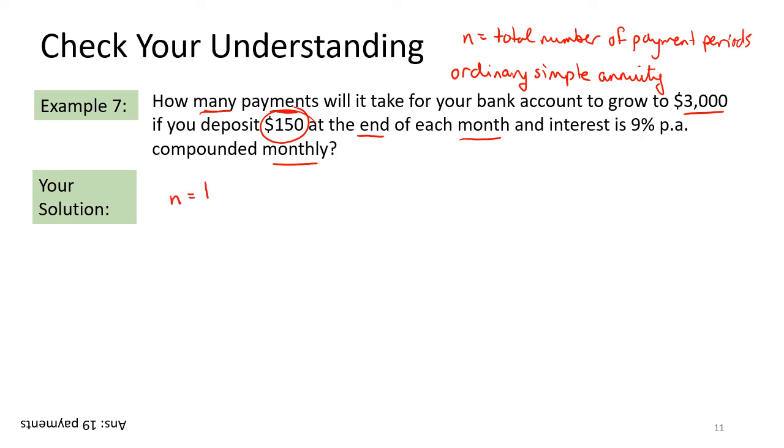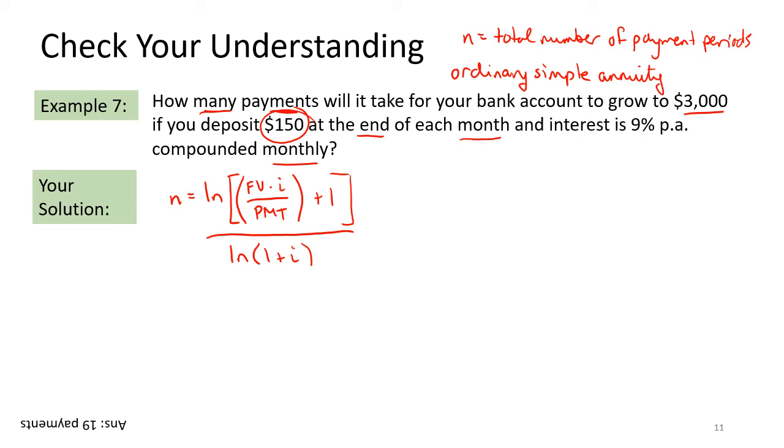So remember, n is equal to the ln of the future value times the periodic interest rate divided by your payments, plus 1, divided by the ln of 1 plus the periodic interest rate.